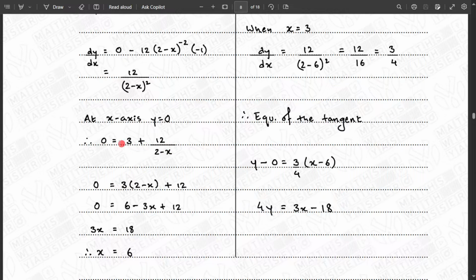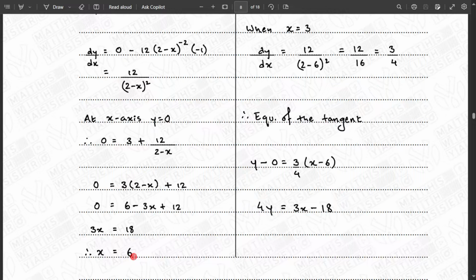So before cross multiplying, 2 minus x with 0, we need to multiply 2 minus x with 3 because there is no 2 minus x in the denominator. So 2 minus x times 0 is 0, and then 3 times (2 minus x) plus 12. So that will give us 0 is equal to 6 minus 3x plus 12. So 3x is equal to 18. Therefore x is equal to 6.